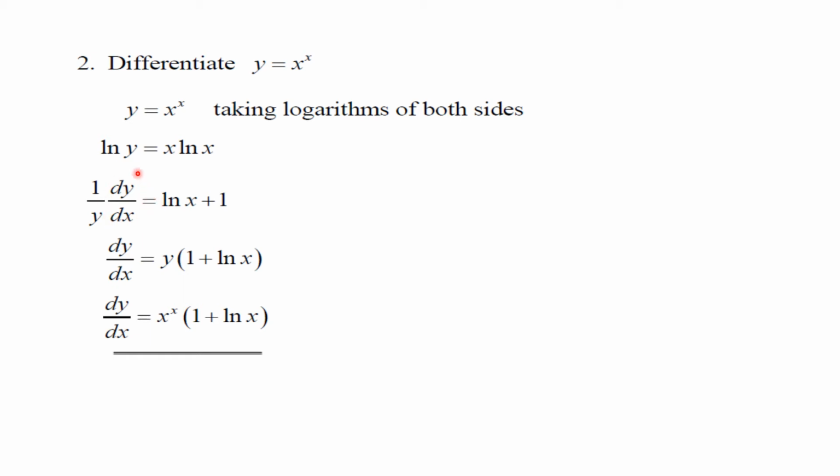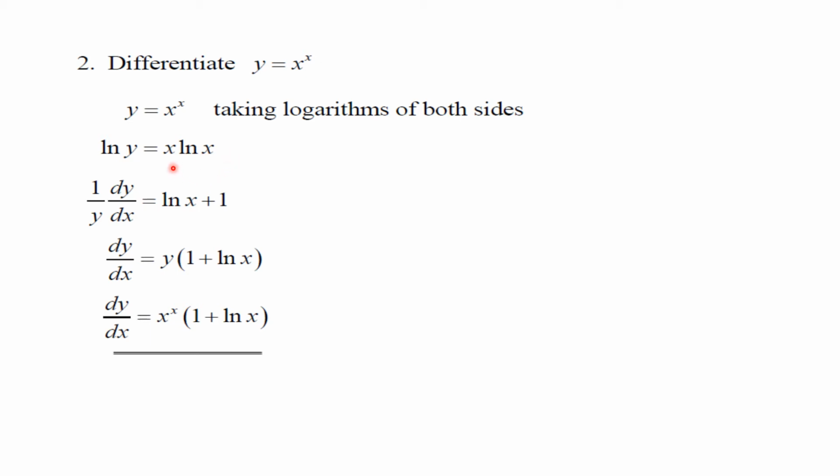Here f prime x is dy/dx, because differentiating ln y gives you dy/dx over y. So it's 1 over y times dy/dx. On this side is x multiplied by ln x. There are actually two different functions, x and ln x, so it's u times v, and you differentiate this using the product rule.